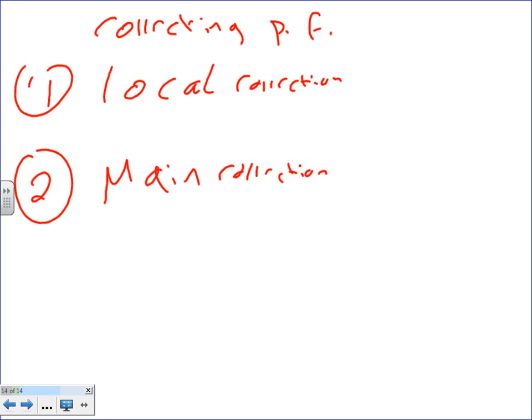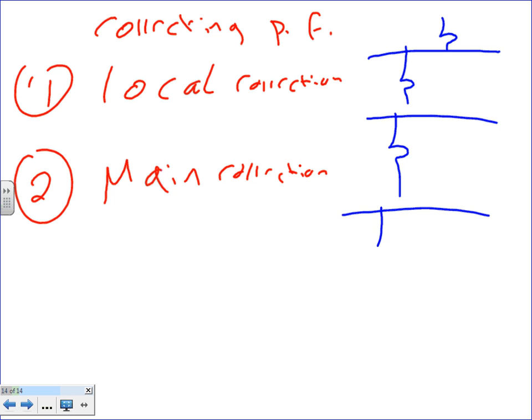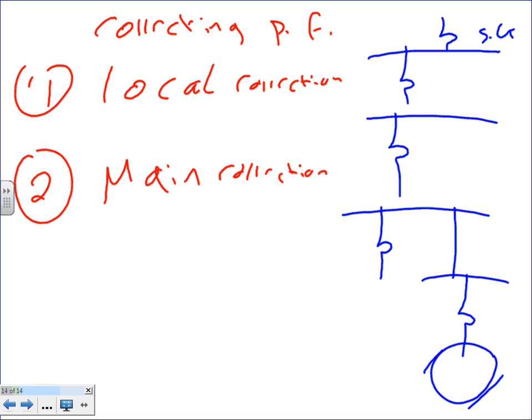Well, I'm going to show you an example. Here's a switchgear. Look at this. Switchboard coming here, a switch all the way, and from here going all the way here to a motor. Okay? So this is a switchgear. Panel 1, panel 2, panel 3.